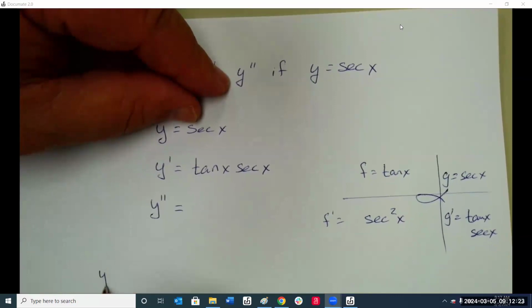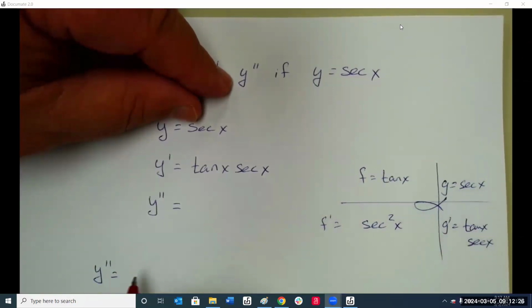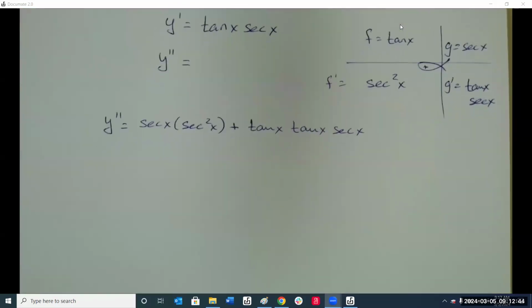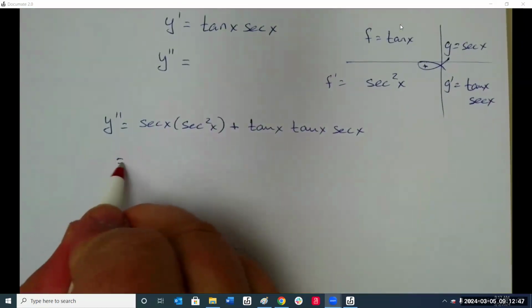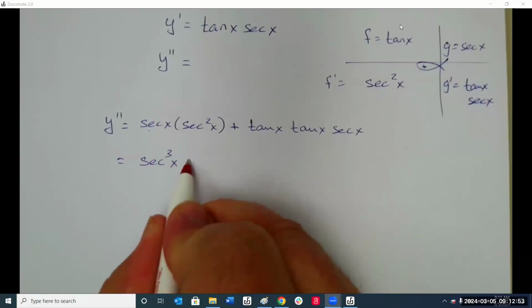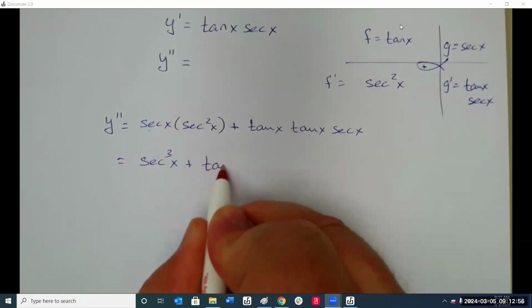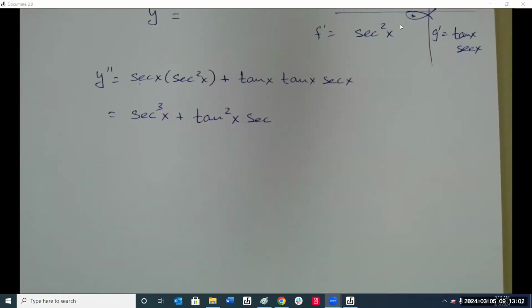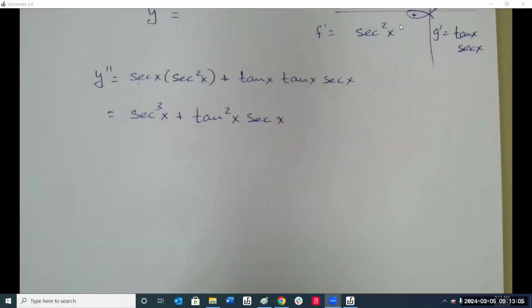So it's going to be secant x times secant squared x. Since it's a product, we add tangent x secant x. So far, so good. Secant times secant squared is secant cubed. Tangent times tangent is tangent squared secant. That's your answer. Oops, secant x.